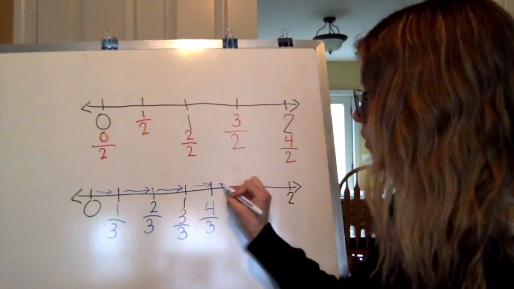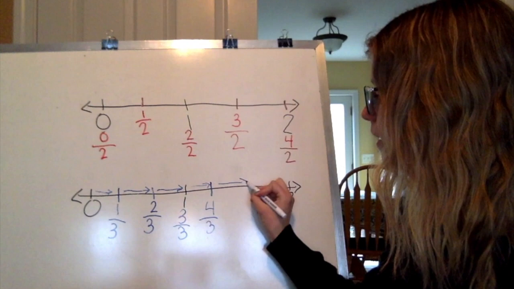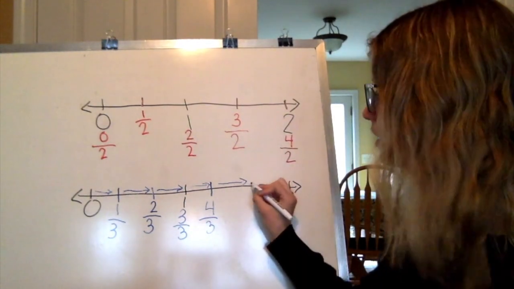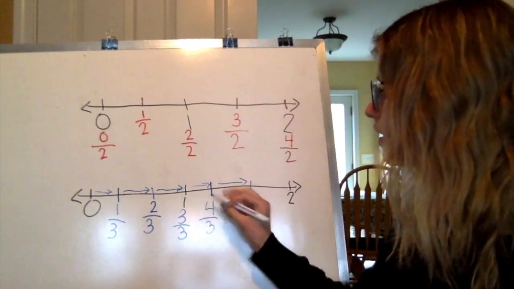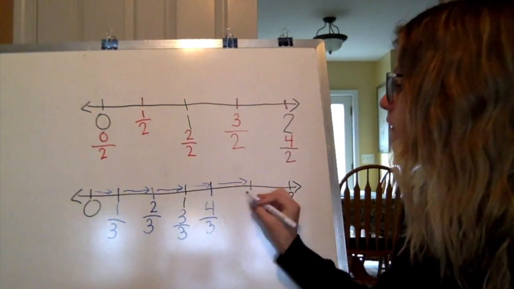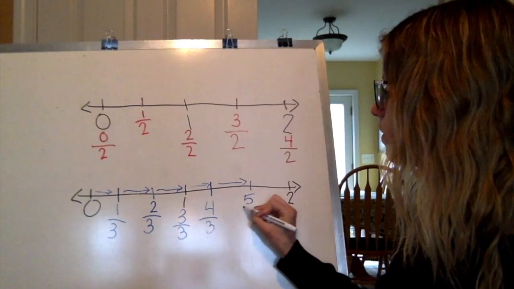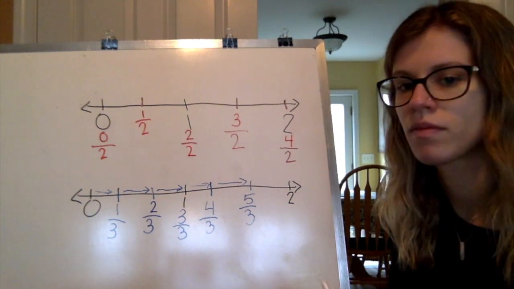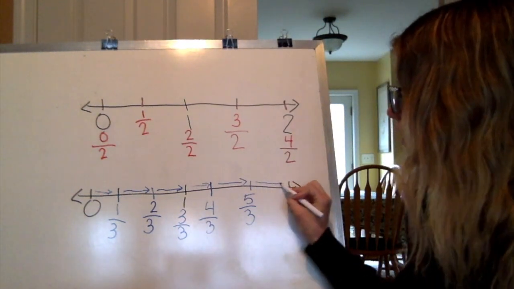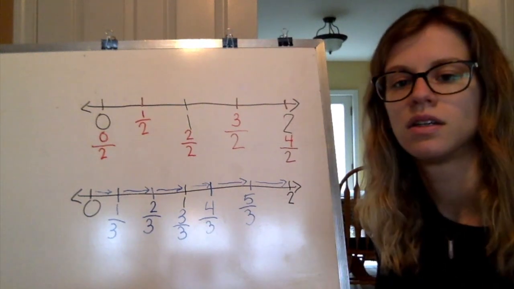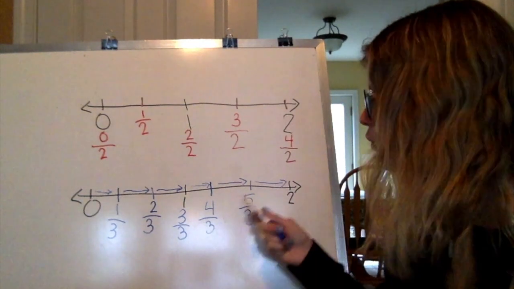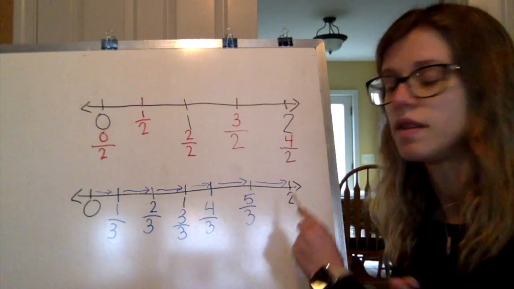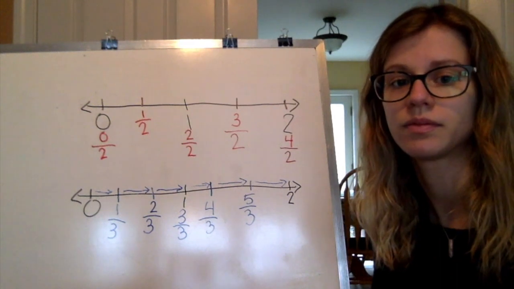Now where am I going to stop? I go a little bit more, a little bit more, and now my ant's tired. He's going to stop at 1, 2, 3, 4, 5 thirds. It's going to go a little bit more to get to my second block. What would my fraction be for this last stop that he made, that last resting point?